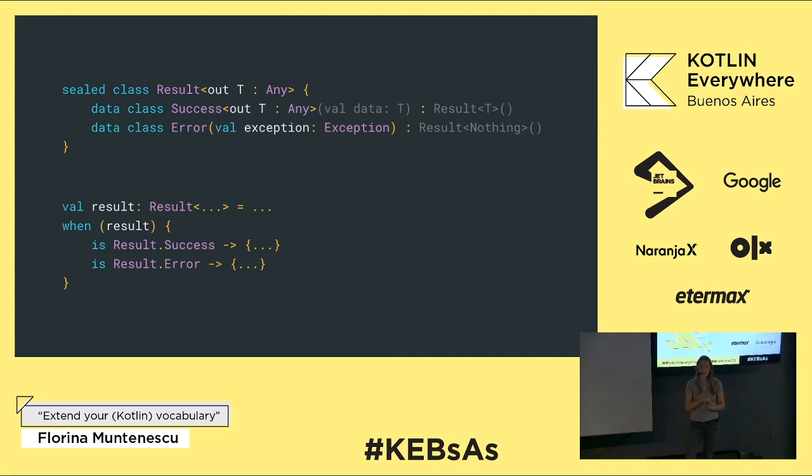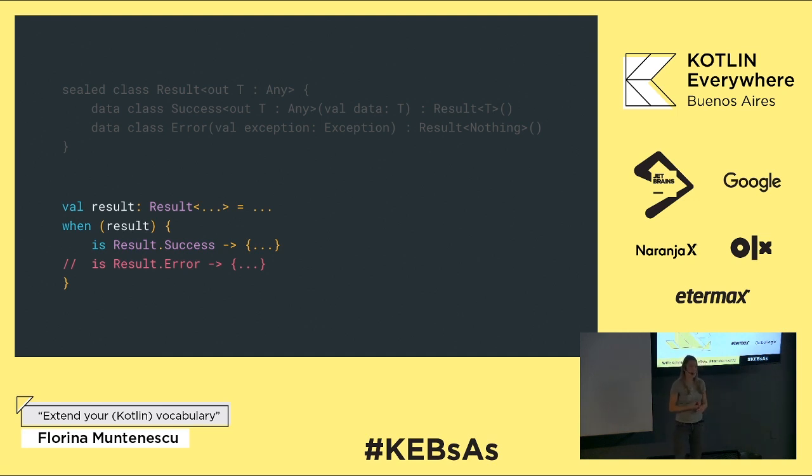But what if you want to make sure that when you're using the result, you're really treating all cases? What if you want to make sure that, if you're by mistake commenting out one branch, this ends up becoming an error?